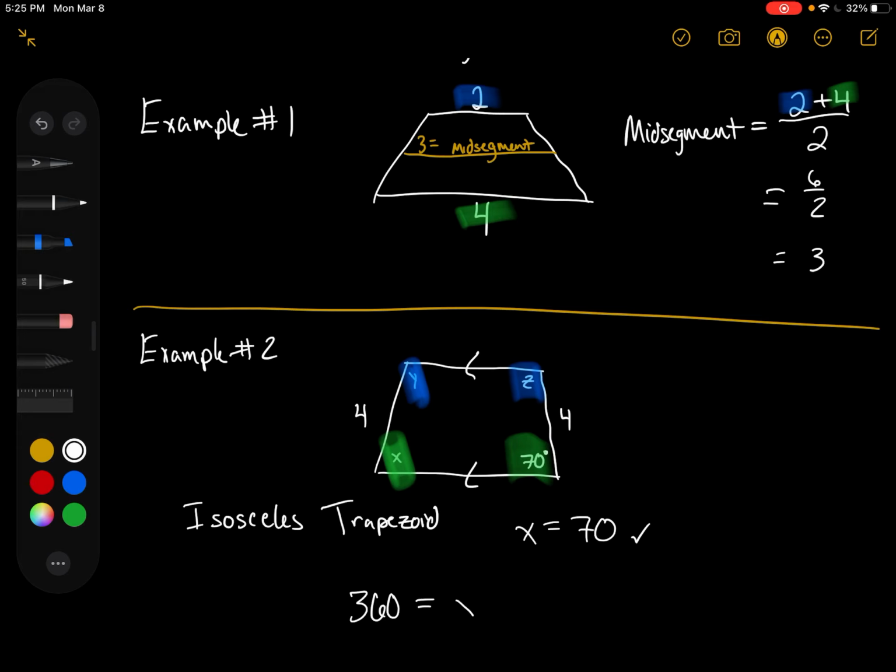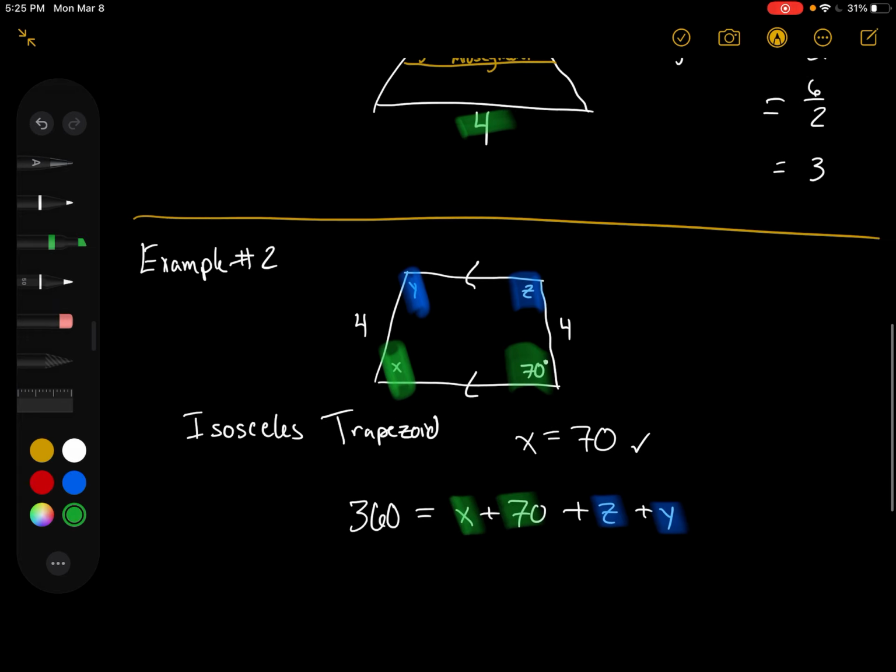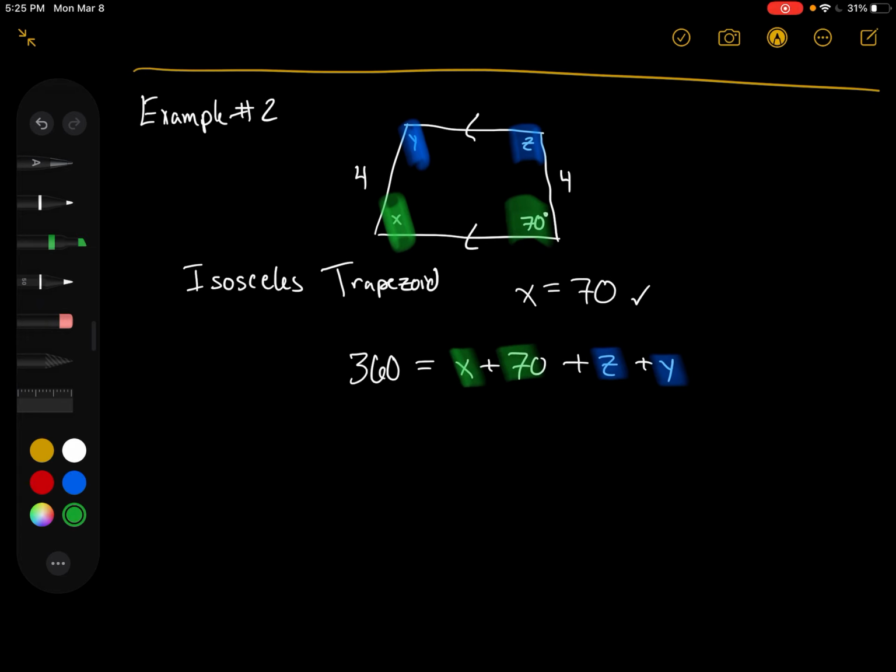Well, it is a quadrilateral, so we know that everything adds up to 360 degrees. So x plus 70 plus z plus y, all of those angles on the inside add up to 360. So again, our y and z are in blue up top, and then in green, that's where I got the x and the 70 from. Okay, well, we already solved for x.